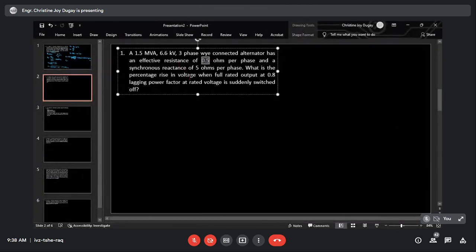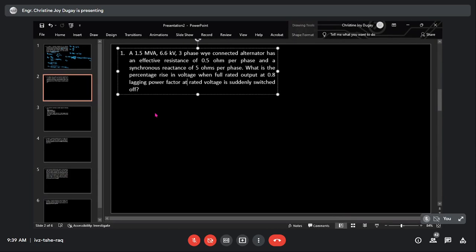What is the percent rise in voltage when full rated output at 0.8 lagging power factor at rated voltage is suddenly switched off? Ang tinatanong dito, what is the percentage rise in voltage? So ang tinatanong lang naman dito is the percent VR, voltage regulation.